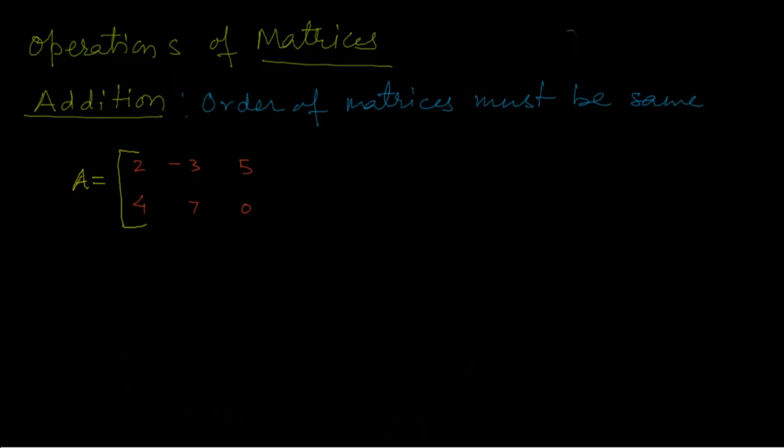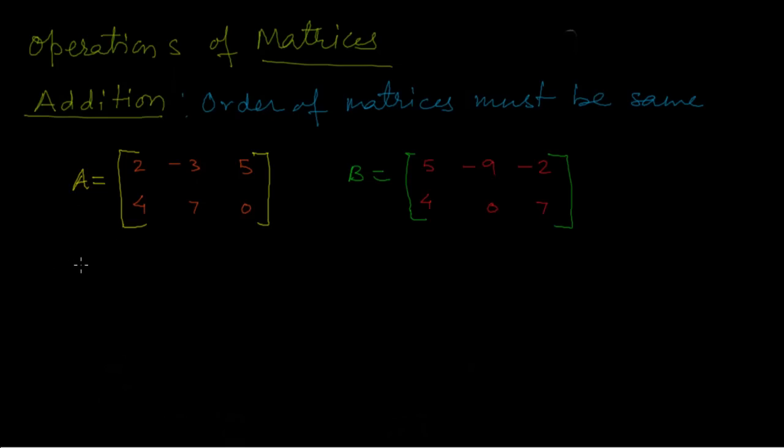So this is the matrix A, and we have another matrix B, which is 5, -9, -2, 4, 0, 7. This is our matrix B. Now we have to add them up.